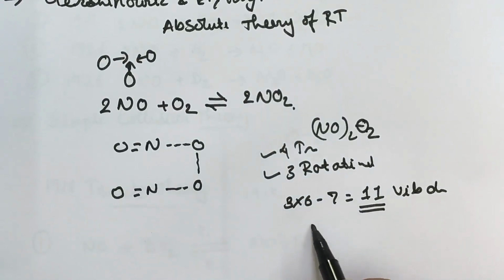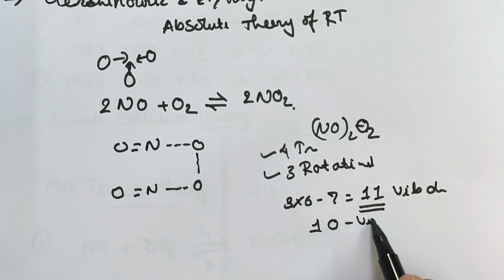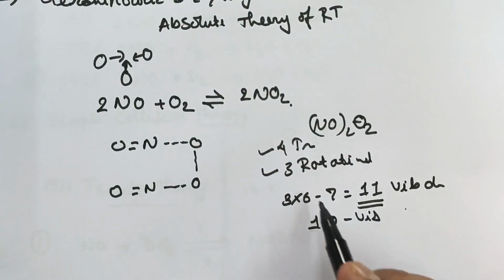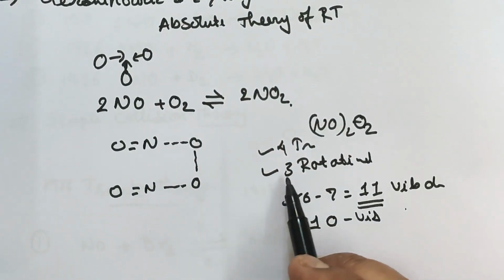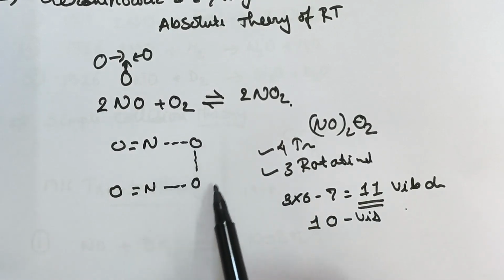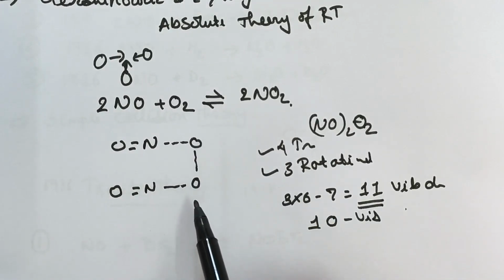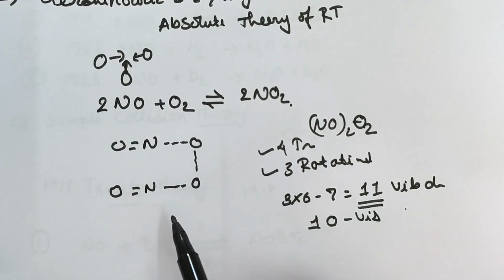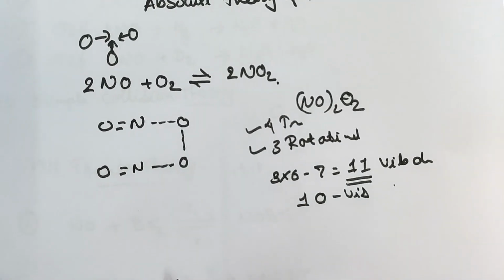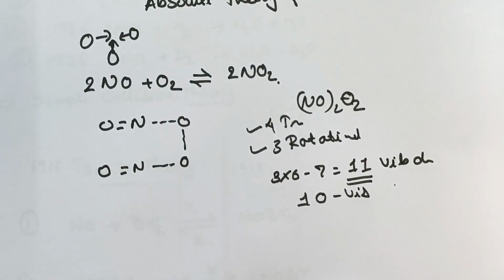So over here in total we will have 10 vibrational degrees of freedom and 4 rotational degrees of freedom, that is 3 original and 1 because of the formation of this particular OO bond in our activated complex. Okay, and basically we are taking the aid of statistical thermodynamics, and the help of the partition functions in order to explain this particular theory.